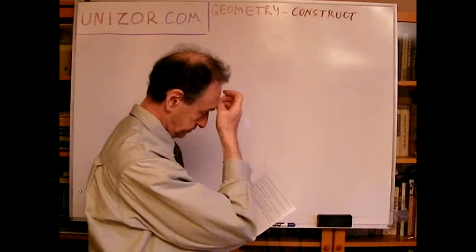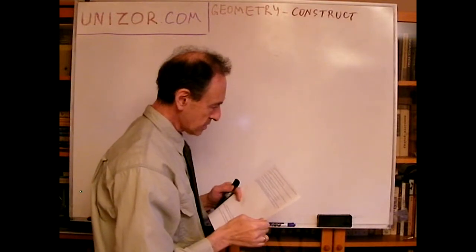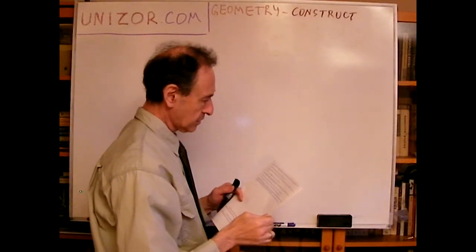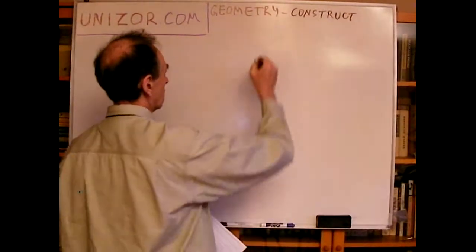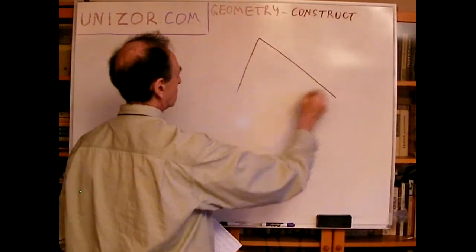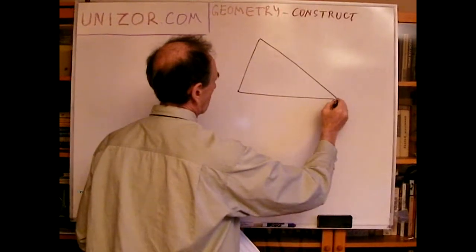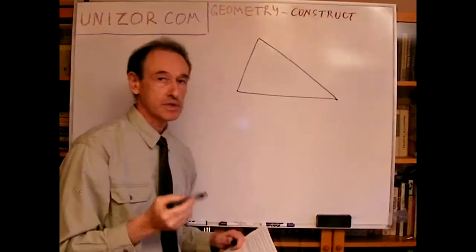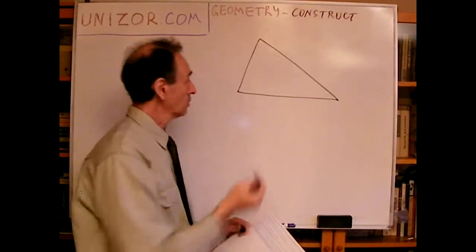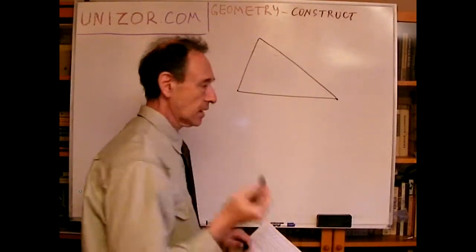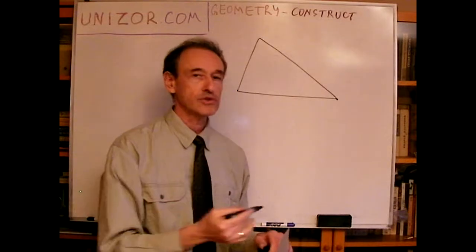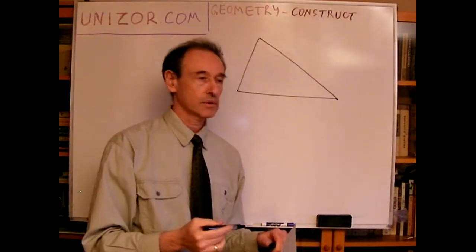Okay, construct a point equidistant to 3 vertices of a given triangle. All right. So if you have a triangle, I need a point equidistant to all these 3 points. Well, let's think about it. Again, let's approach this from the locus standpoint.